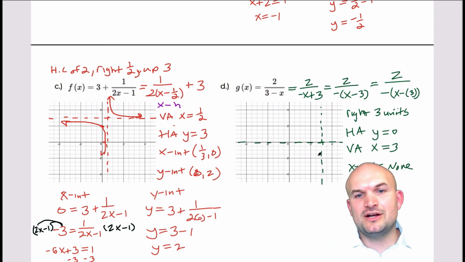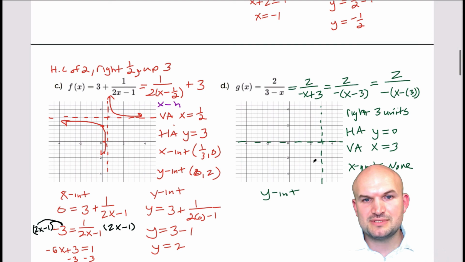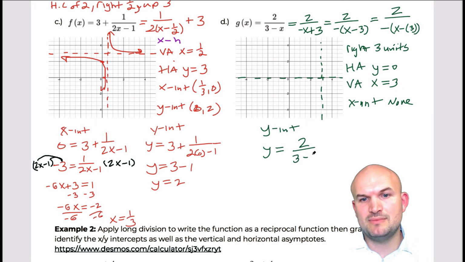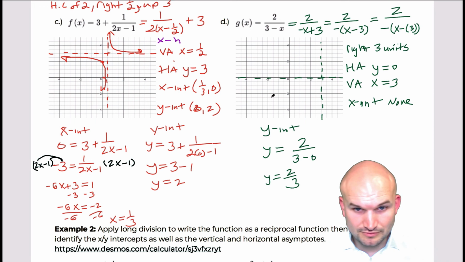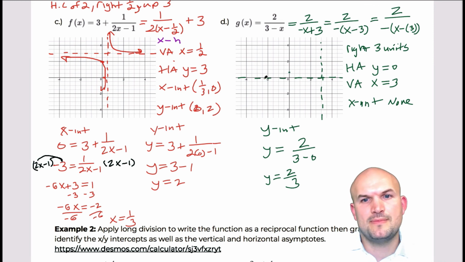So let's figure out the y-intercept so we can try to do a nice little graph. So to identify the y-intercept, all I got to do is plug 0 in for x. So y is equal to 2 over 3 minus 0. Y is equal to 2/3. So the y-intercept, that's going to be a little bit less than 1. So that'd be over there.